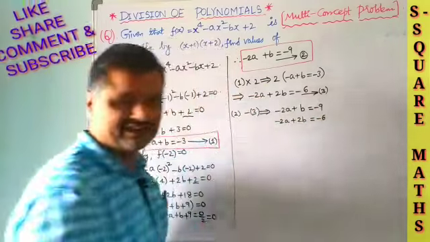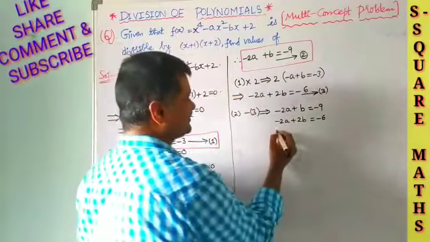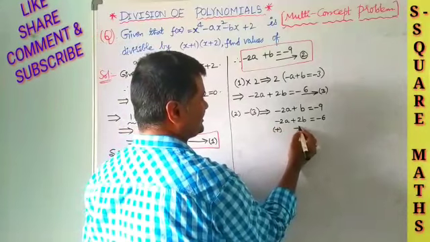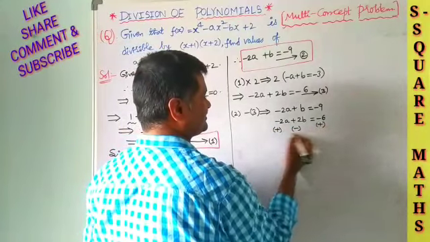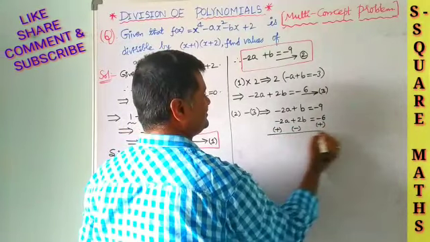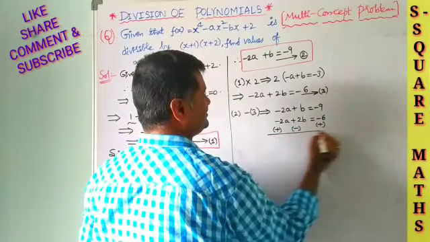Since we are doing subtraction, I have to change the signs. So plus, and here it is minus, and here it is plus. Minus 2a plus 2a is 0. b minus 2b is minus b is equal to minus 9 plus 6 is minus 3. Implies the value of b is 3, since minus and minus get cancelled.